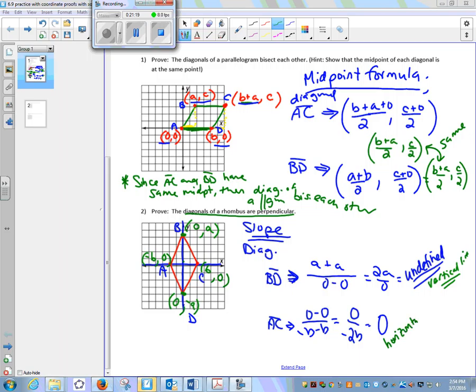Horizontal line, right? Any vertical line and any horizontal line are perpendicular to each other. So we've just proven that the diagonals of a rhombus are perpendicular. We would have to write a sentence, remember, to do that.